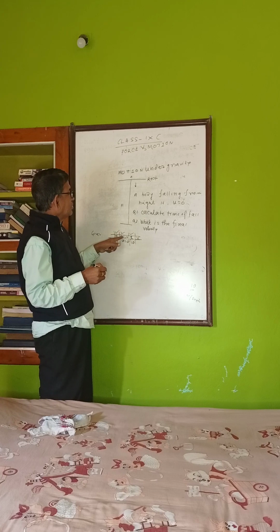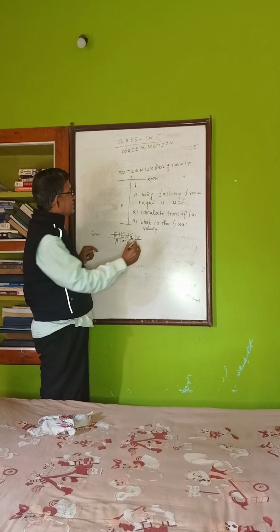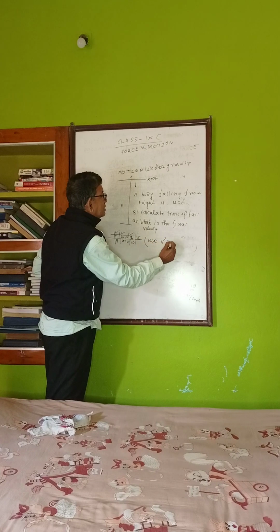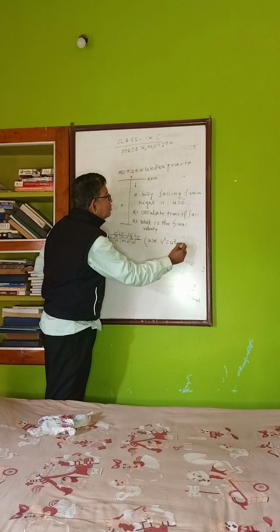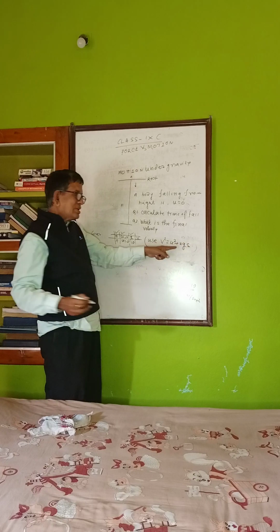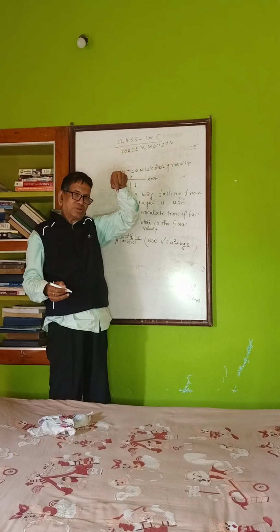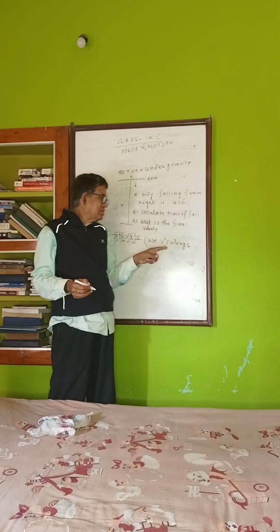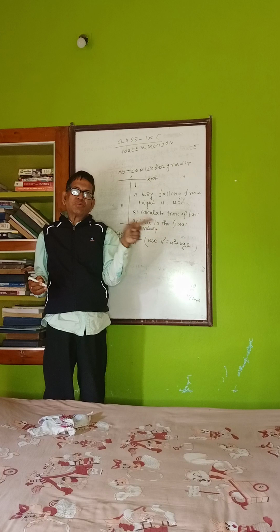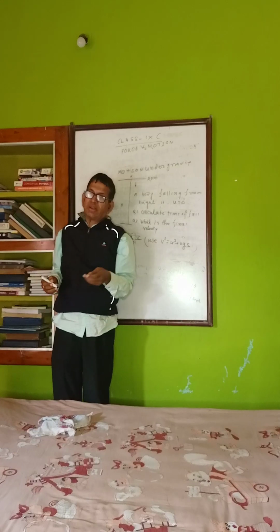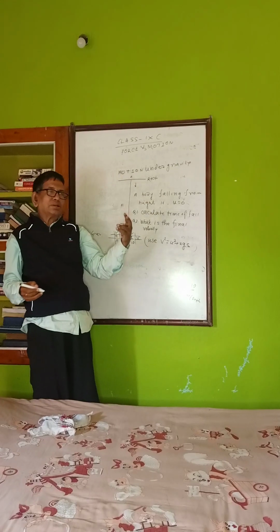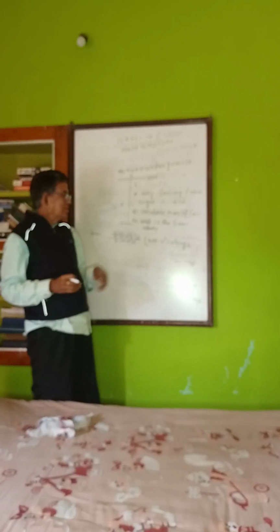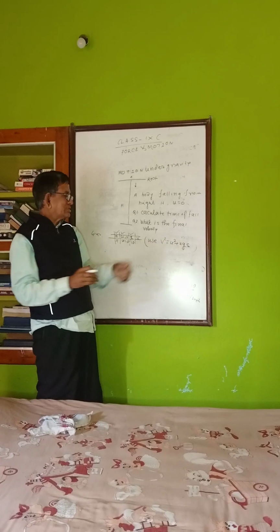H is given, U, V, that means use this formula: V square equal to U square plus 2gs, not a. When a body is moving under gravity, consider acceleration g, that is constant. This g is variable for different planets. G depends on the mass of the planet and the radius of the planet. In class 11, when we get promoted, then we understand that g is not constant. V square equal to U square plus 2gs.